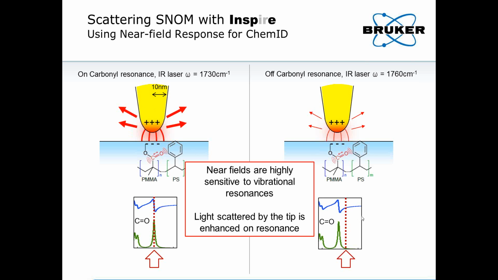The near fields are highly sensitive to vibrational resonances directly underneath the tip. And by using the interferometric detection in the Inspire, it's possible to look at this tip scattered light at these different IR frequencies and figure out if the contribution to the light scattered by a tip came from absorption or reflection.